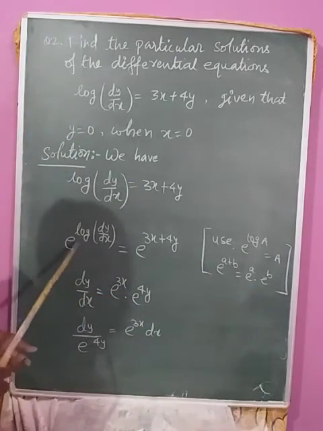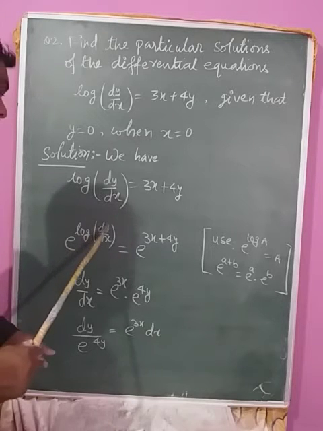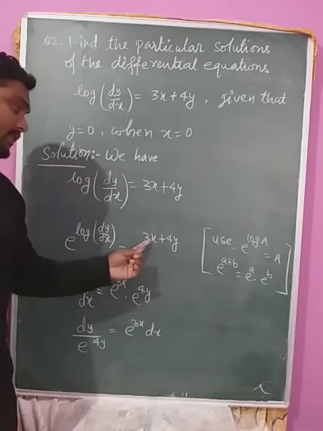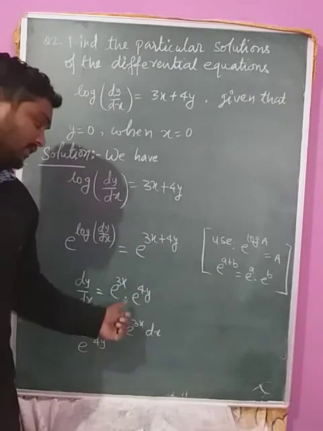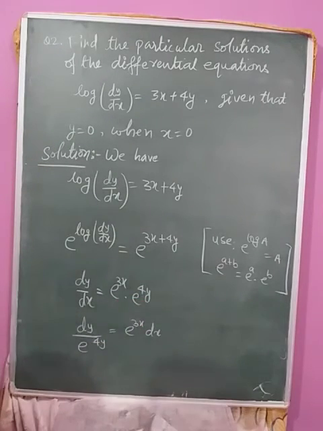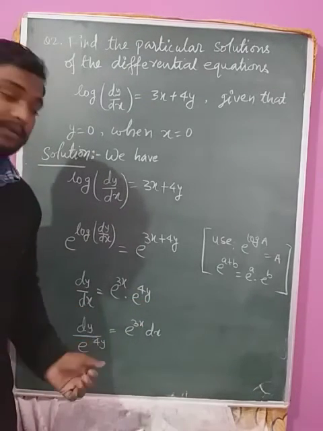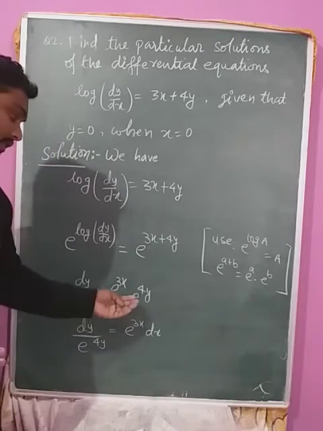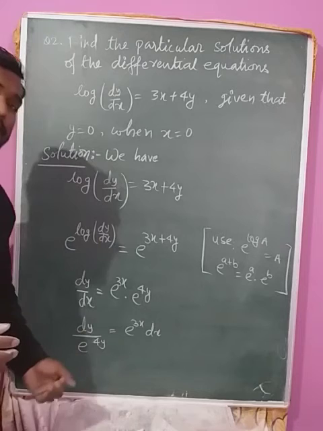So dy by dx equal to e to power 3x plus 4y, which is e to power 3x into e to power 4y, and we separate dx on the right side and e to power 4y on the left side.